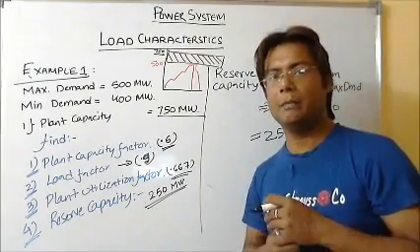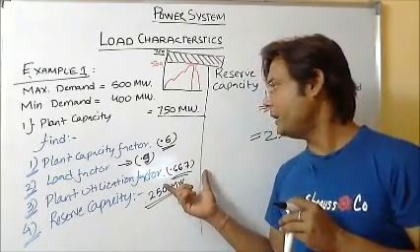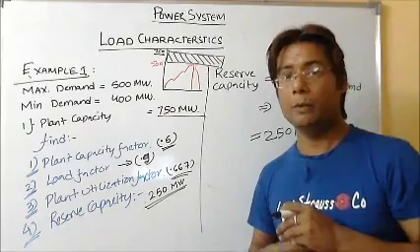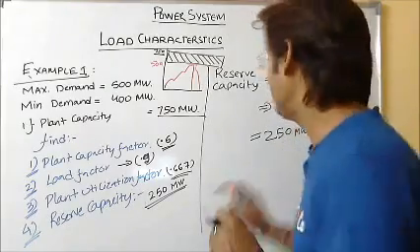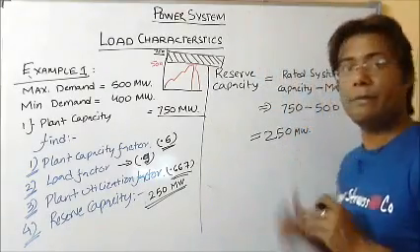At that time my plant utilization factor would be 1 and the plant capacity factor would be 1, such that my system would be able to produce 750 megawatts.